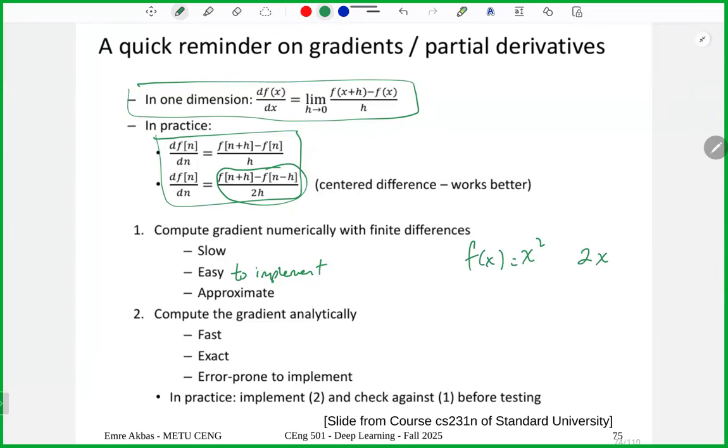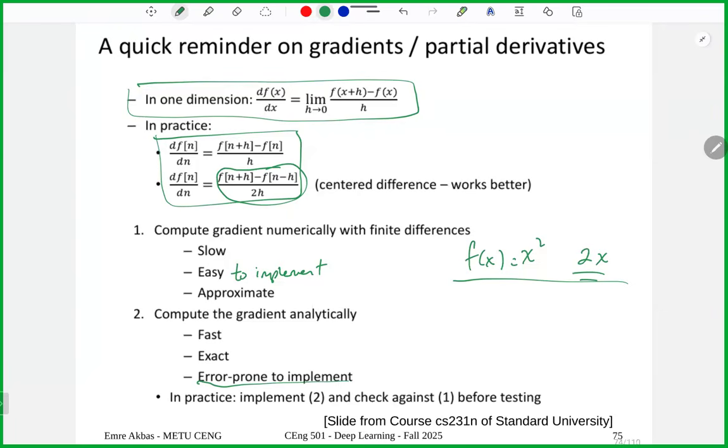If you do it on paper and implement this derivative, it will be very fast and exact, but it's very error prone to implement. It's very easy for this function, but think of a huge neural network. If you need to write the derivative by hand, good luck with that. It's not easy. But we will see that auto differentiation and the chain rule make it easier.